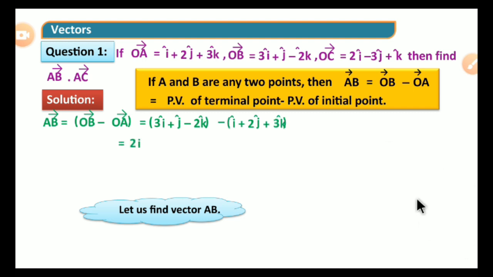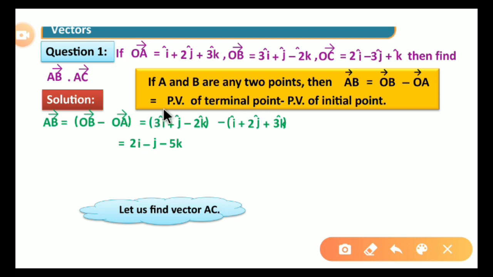After simplification, we have 3 minus 1, which is 2i, plus j minus 2j, which is minus j, and minus 2k minus 3k, which is minus 5k. That is the vector AB.